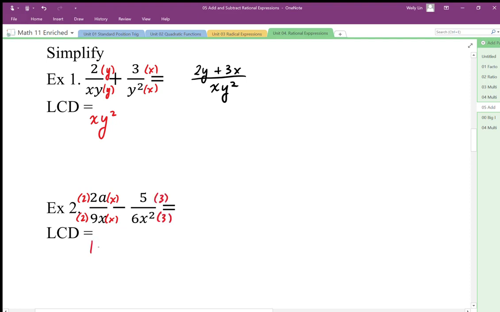So our lowest common denominator works out to be 18x squared. And then our new fraction with the common denominator is going to be 4ax minus 15. They are unlike terms. I have to keep it as a binomial, and that's all over the common denominator of 18x squared.